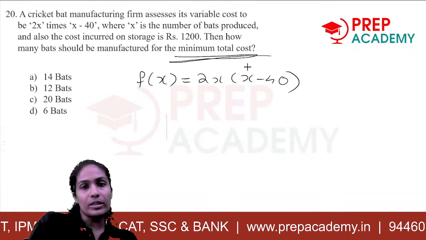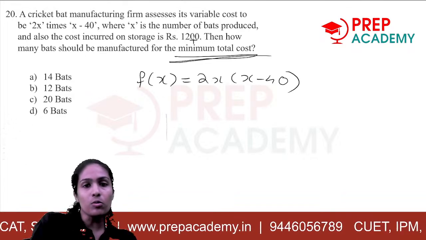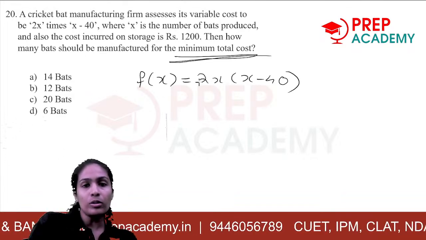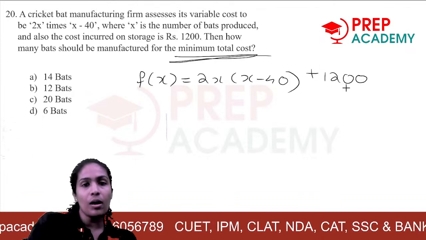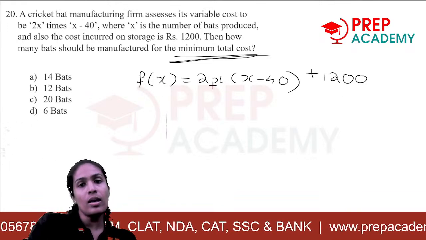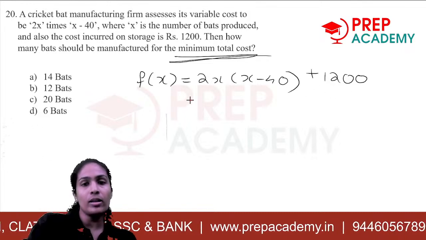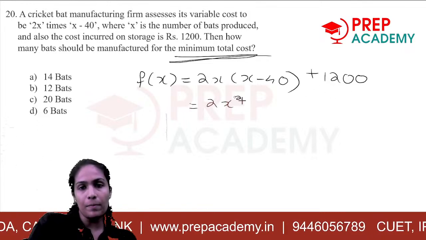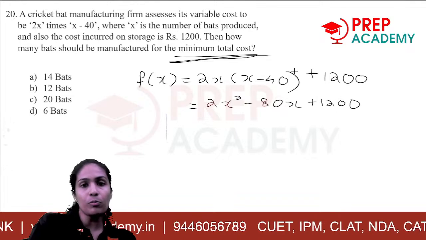Also the cost incurred on storage is rupees 1,200, so the additional charge is plus 1,200. This is the cost of storage. So the total cost function is f of x equal to 2x into (x minus 40) plus 1,200. It is equal to 2x square minus 80x plus 1,200. You have to minimize this.